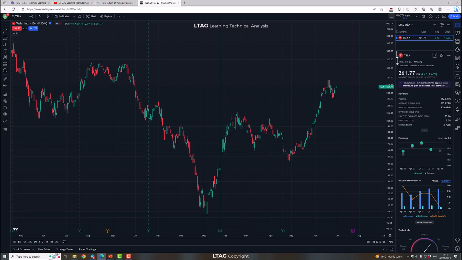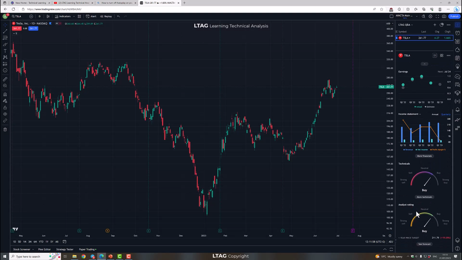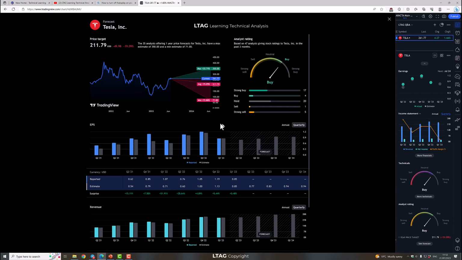And there's also broker reports, which we can see down here in terms of what the analysts that follow Tesla think is going to happen. They're rating it right now as a strong buy across the aggregate of analysts, which is 35. There are 35 analysts following Tesla.